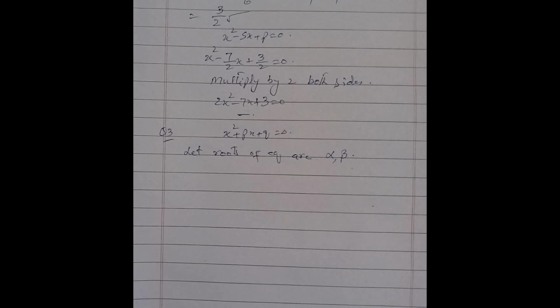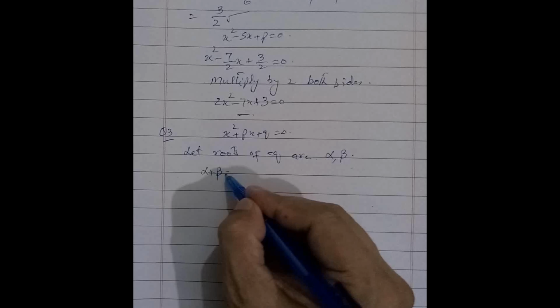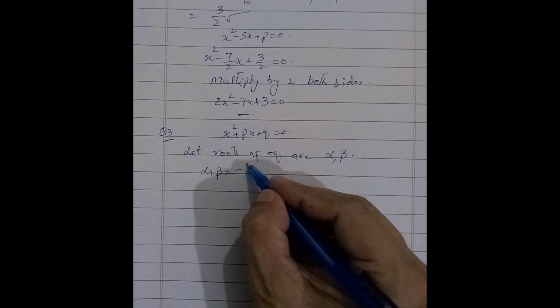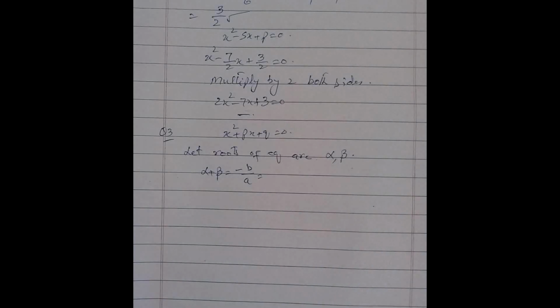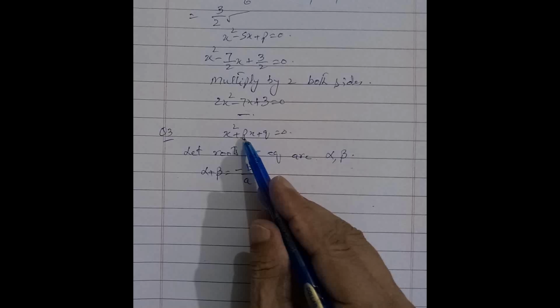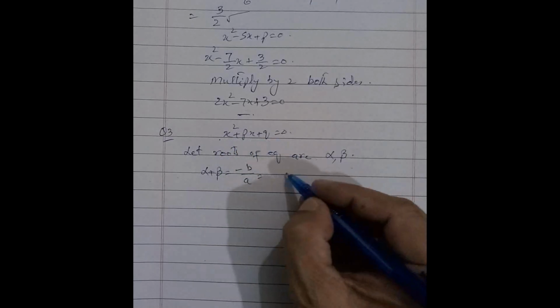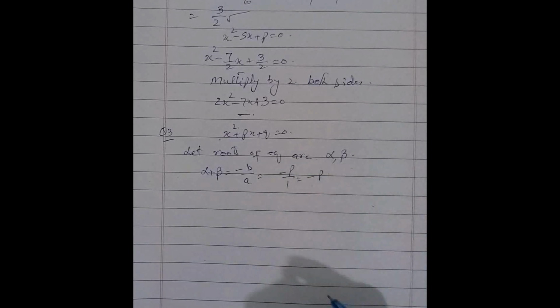So we first find the sum, which is alpha plus beta, and whose value is minus b over a. Now we put the values of b and a in the equation: the value of a is 1, b is p, and c is q. Minus p over 1 is equal to minus p.